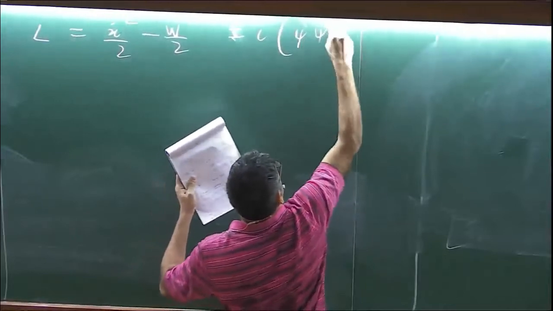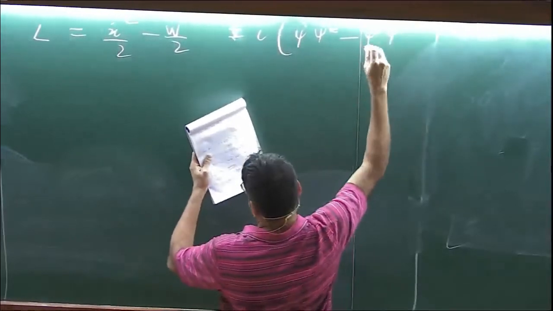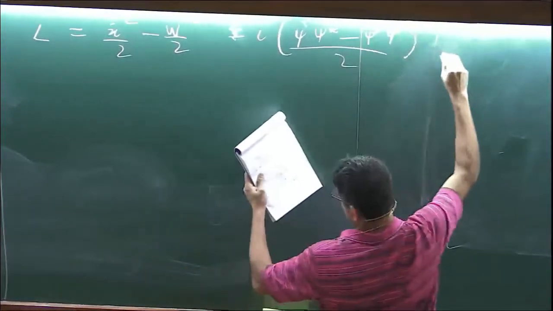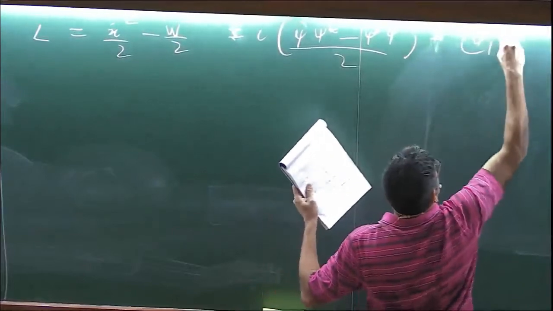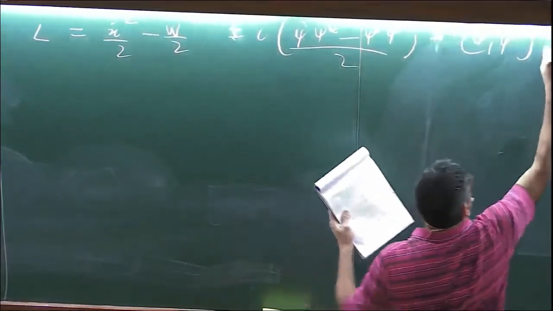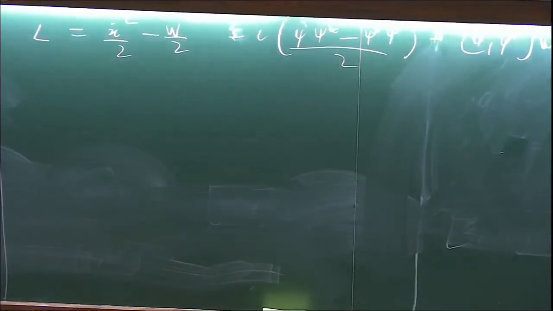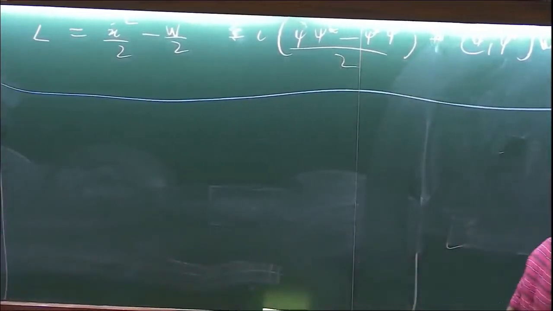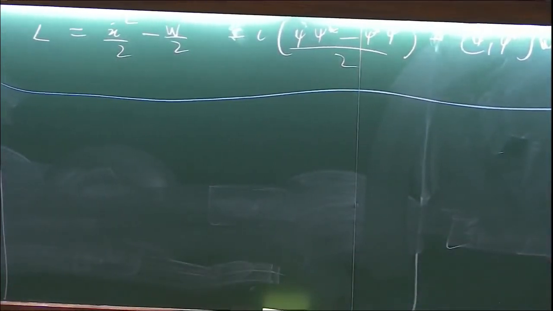Psi star dot minus psi star dot psi by 2 minus psi star w prime. That's no sigma 3 because there is no two-state system anymore.